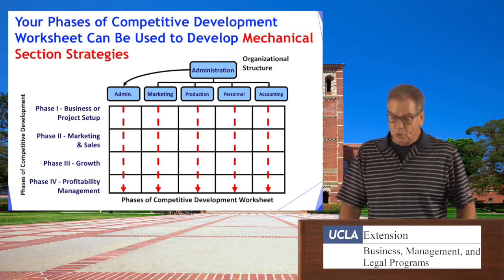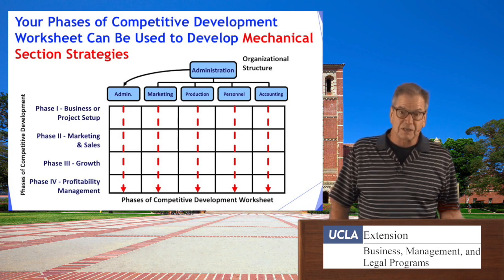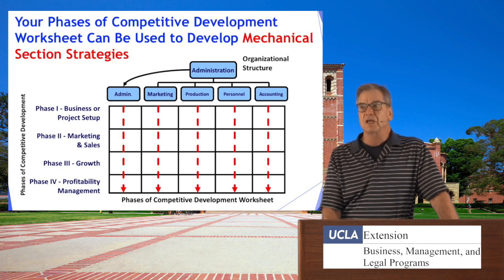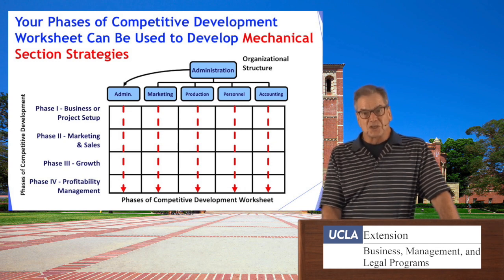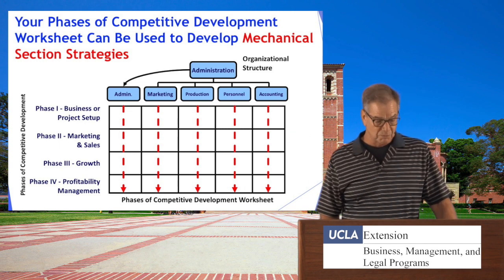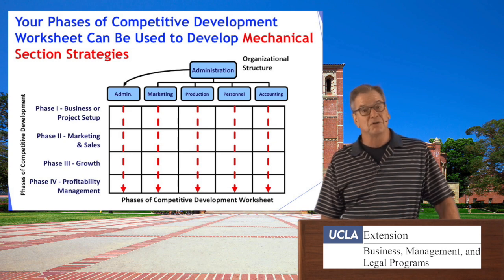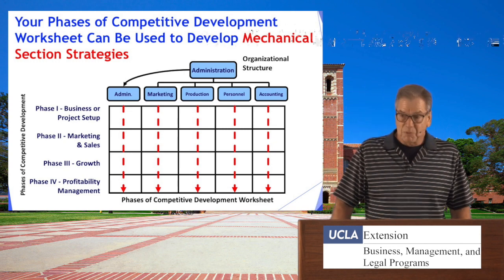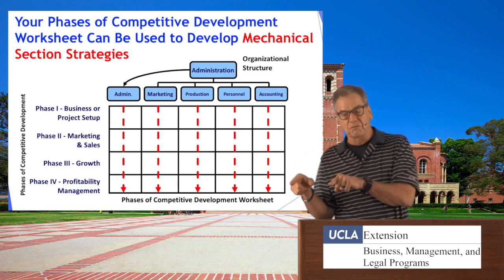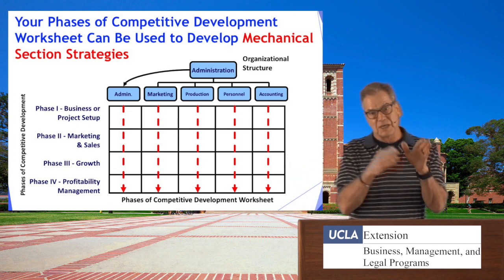So what's really cool is, in the process of developing a complete and detailed phase of competitive development worksheet, we can take a look at each department, which at some point we're going to delegate the leadership of to a director or vice president. We can get a feel for how that department is going to evolve in terms of its functions and tasks from the very beginning all the way down.